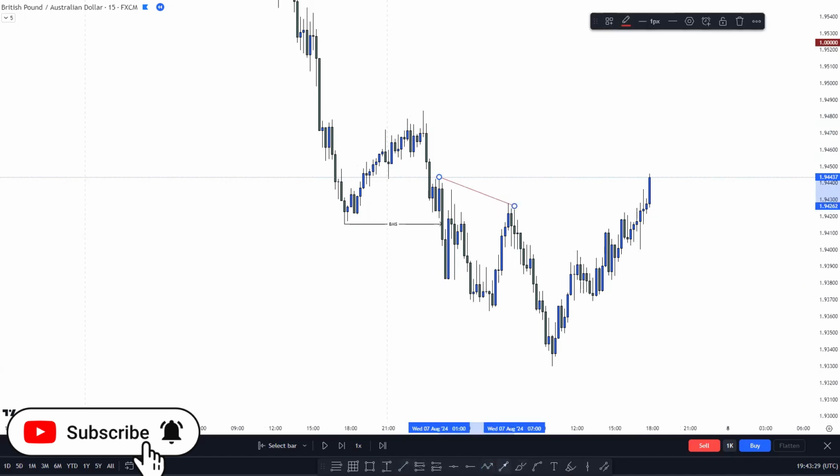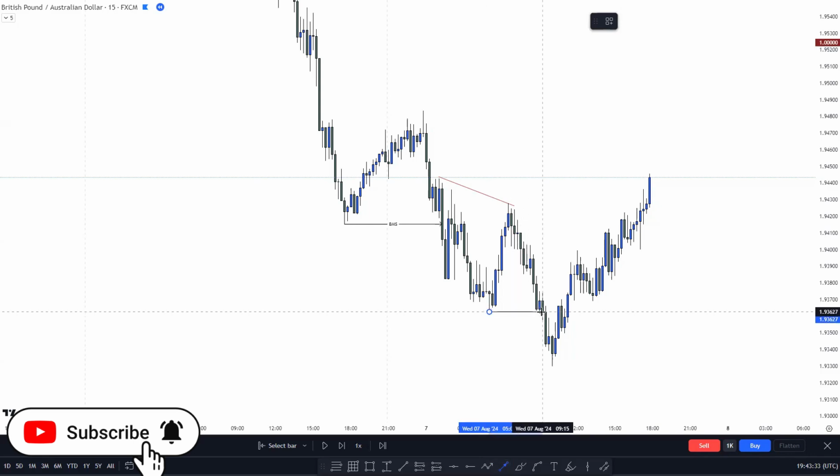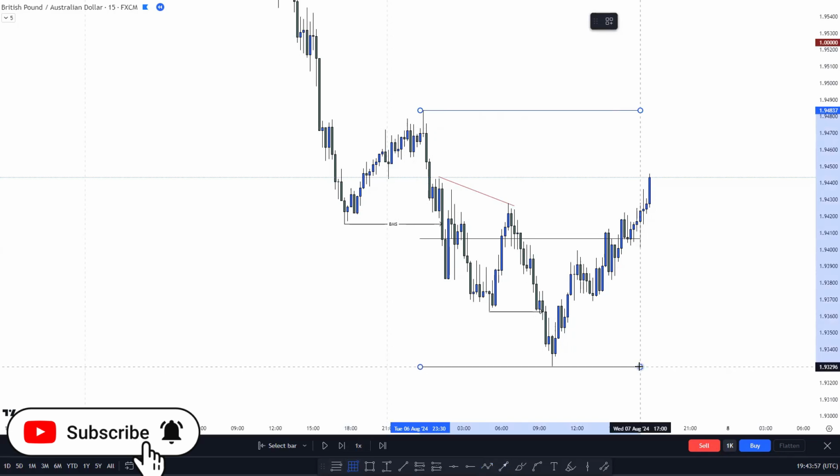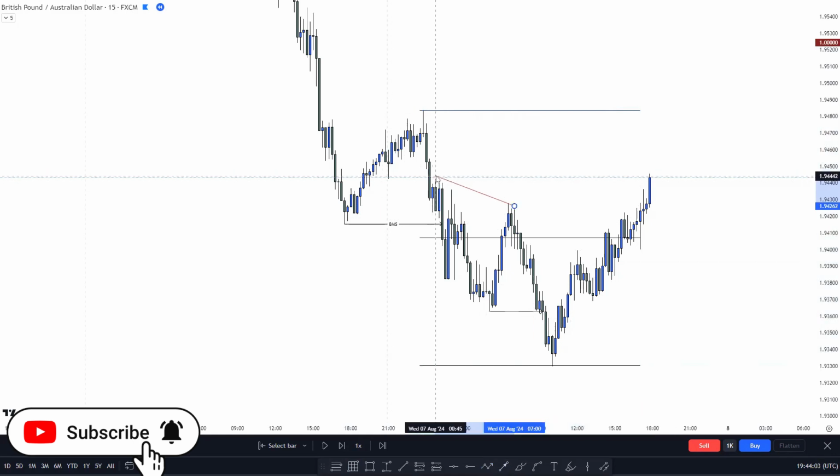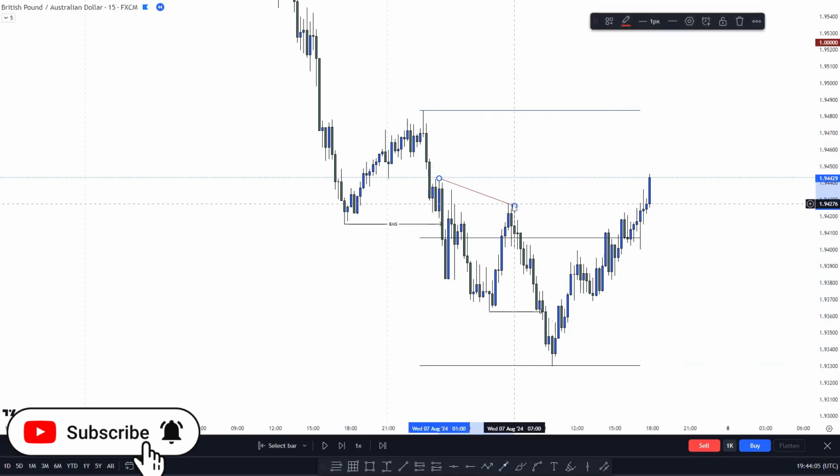Price came all the way down and broke below this level. The reason I consider this an inducement level is that when we mark from our high all the way to the swing low here, we know that this is an inducement. So there's a lot of liquidity here, which price would come all the way up to grab.